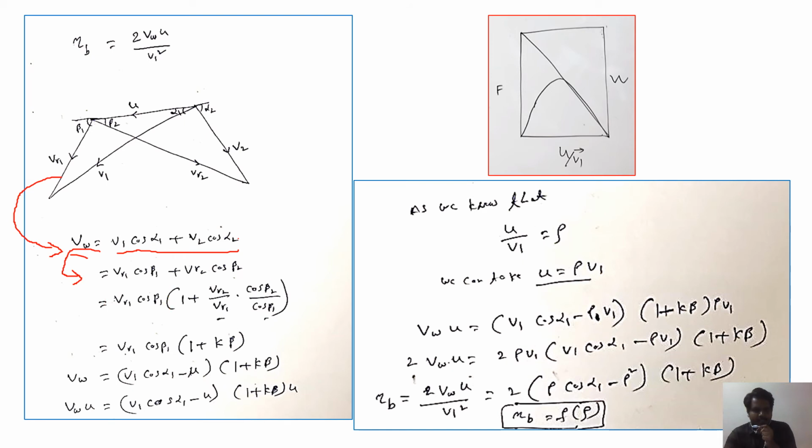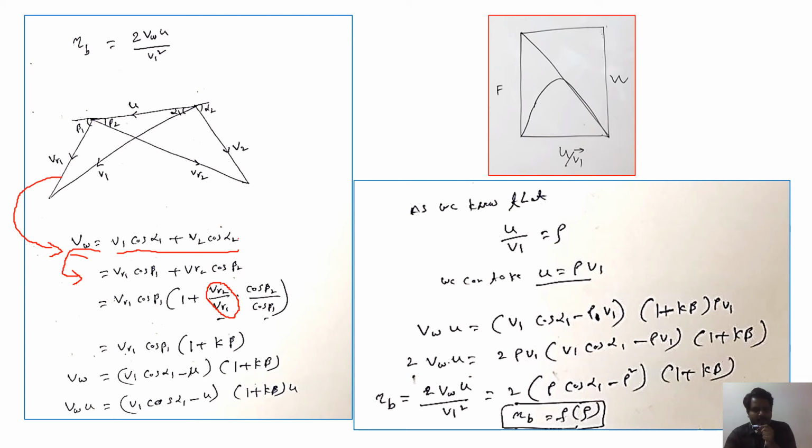In this equation, beta 2 and beta 1 are blade angles. Generally these values are close to each other, so this term is constant. And the VR2 to VR1 ratio is also constant, because if there is no friction, these values are also close to each other.